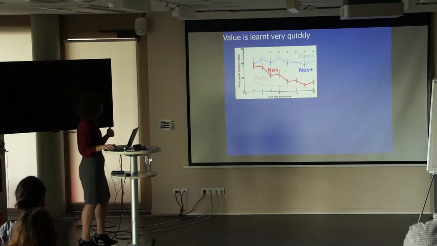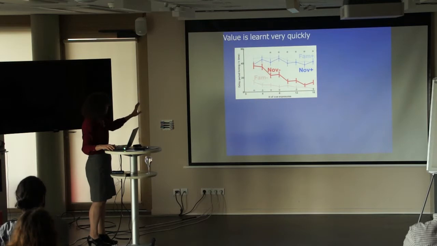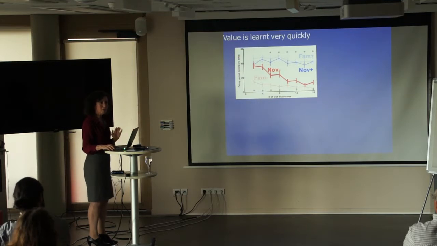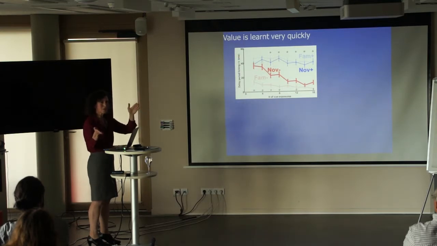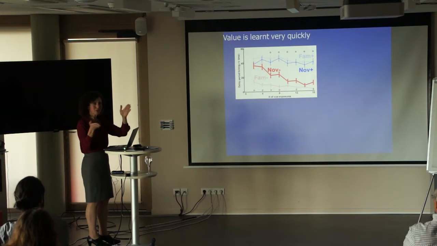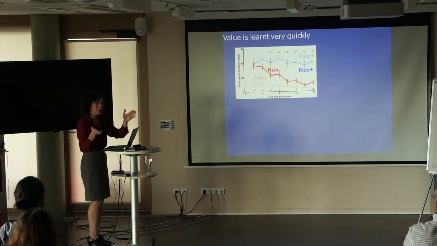And what you see here is measurements of that licking as a function of the number of times that the monkey saw a particular cue during a session. First, if you look at the pale curves, those are for the familiar stimuli, positive in blue and negative in pink. You can see that clearly the licking distinguishes between them from the first presentation. Of course, the monkey knows what they are.